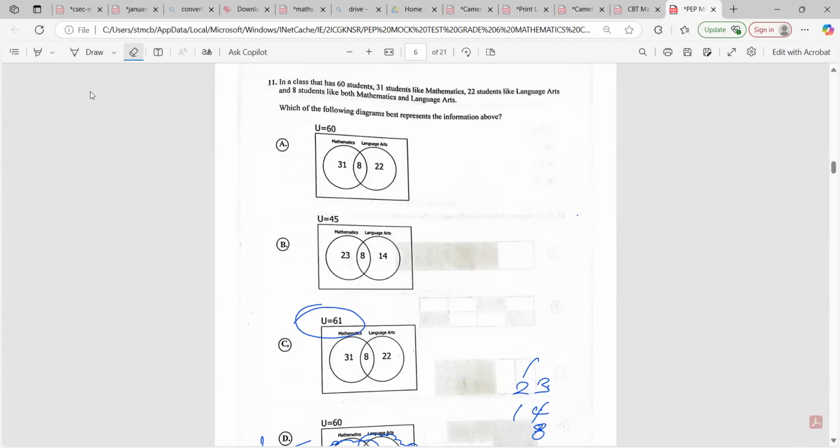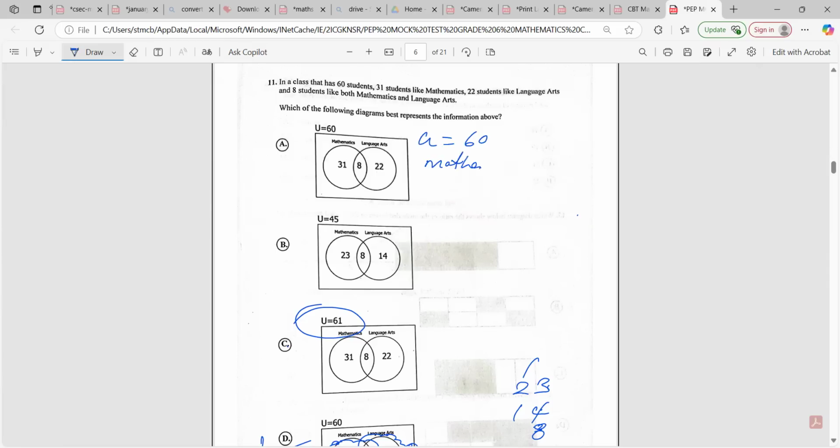Therefore, the union will equal 60, and based on the information that you got, you're going to put it into diagrams now. 31 would be mathematics, and 8 would be the intersection, and for language arts will be 22 students. Even though it doesn't add up to 60, anyways you take it, you need to use the information that it gave you.